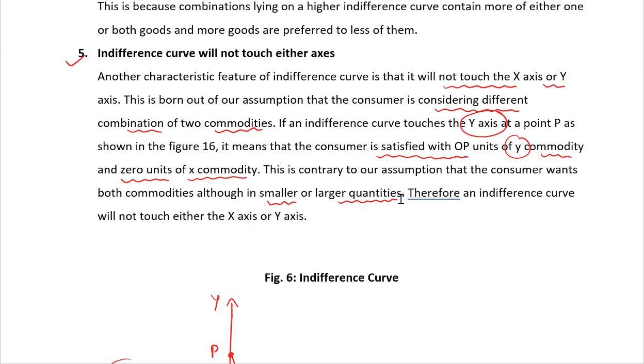So over here in this combination, there would be, say for example, 10 units of X and 0 units of Y. So it is not relevant. Or we can say 0 units of X and 20 units of Y. It is also not relevant. I believe you're clear till here.